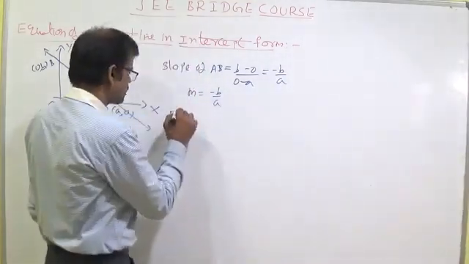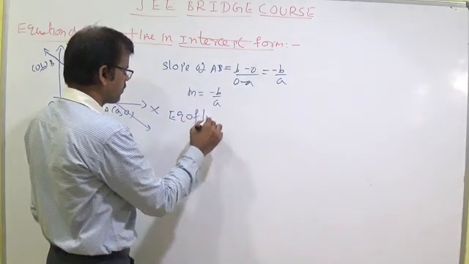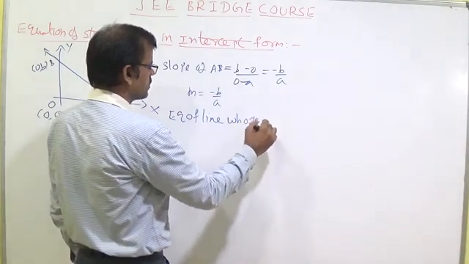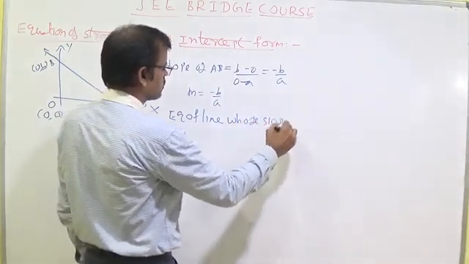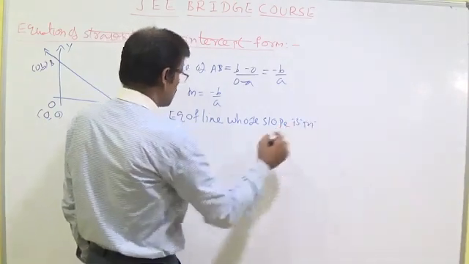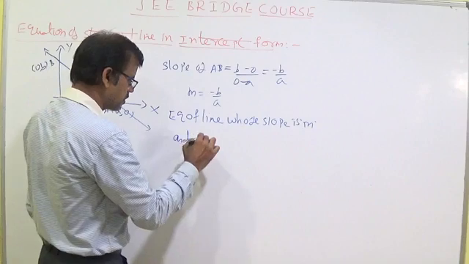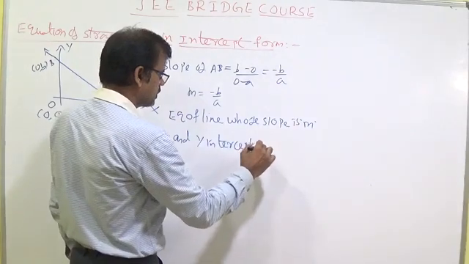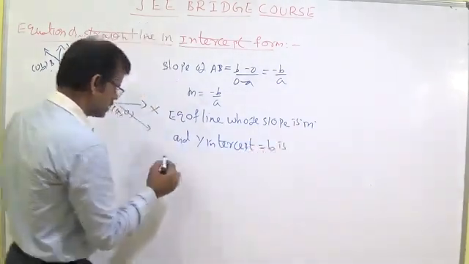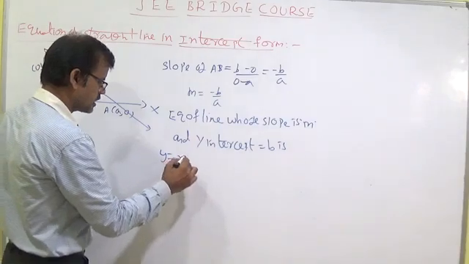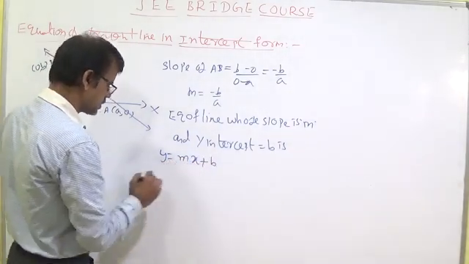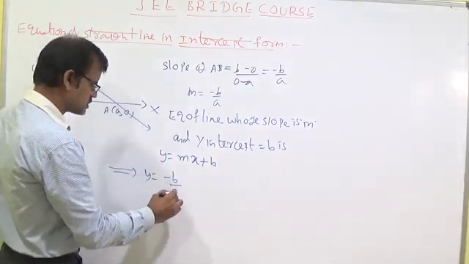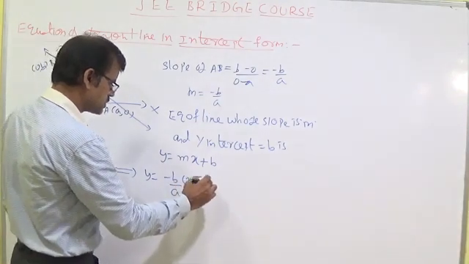So, the equation of a line whose slope is m and y-intercept is b is y equal to mx plus b. That implies y is equal to minus b by a into x plus b.